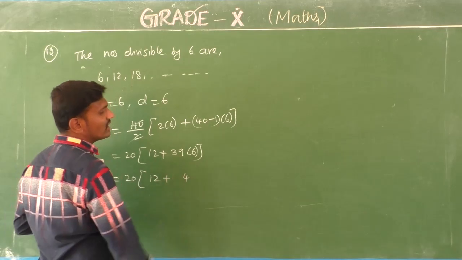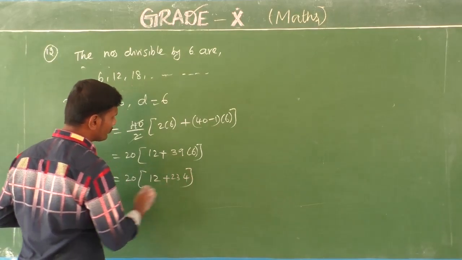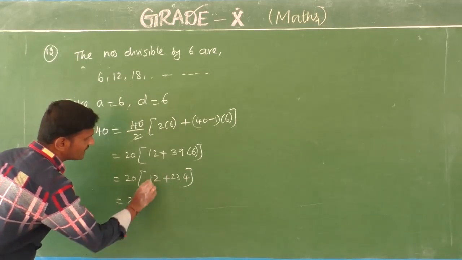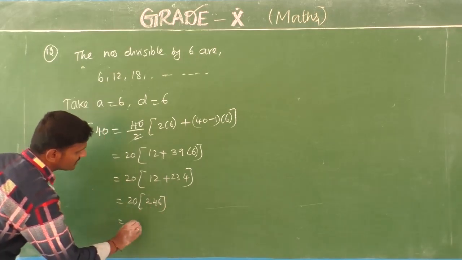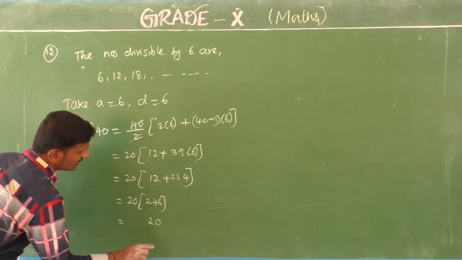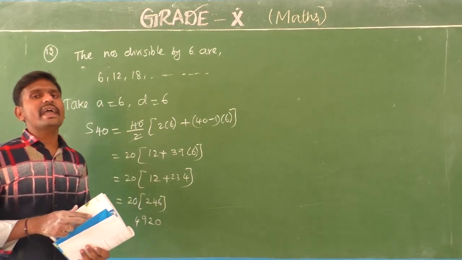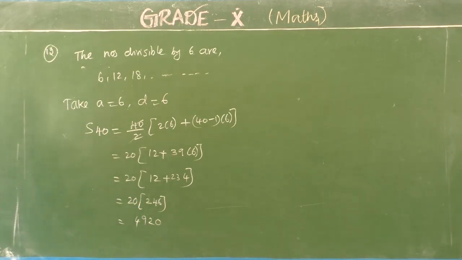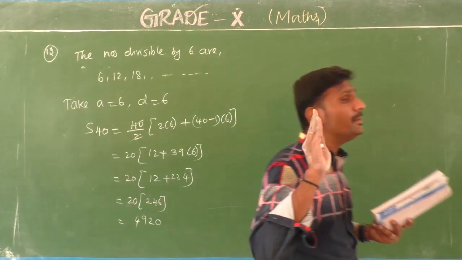Remainder 5. 6 3s are 18. 18 plus 5 is 23. So add these two to get what will come? 246. Now multiply this 20: 0, 6 2s are 12, remainder 1, 4 2s are 8 and 9, then 2 2s are 4. So this is your answer. So 4920 is the sum of first 40 positive integers.